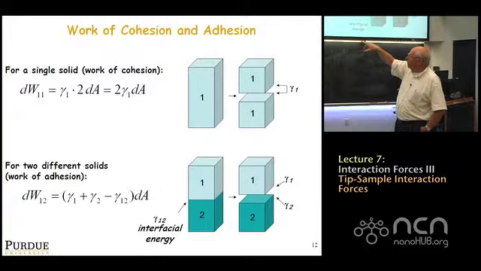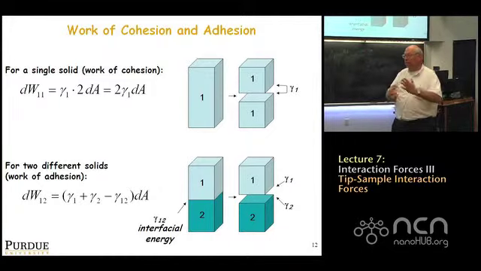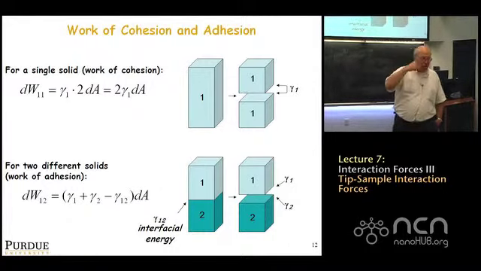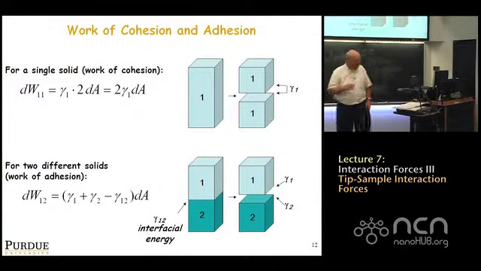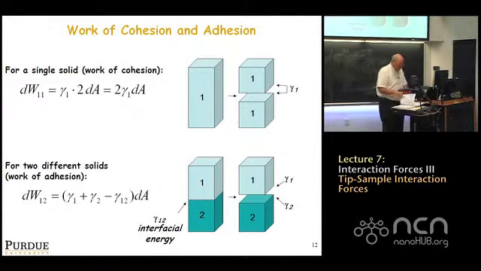The total area I create is 2. So the work required is going to be just 2 gamma 1 times the area that I produce. And that work is related ultimately to how these atoms interact, one with respect to another. So we should be able to estimate that.